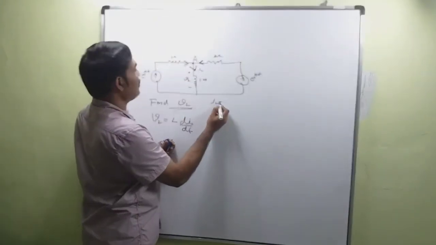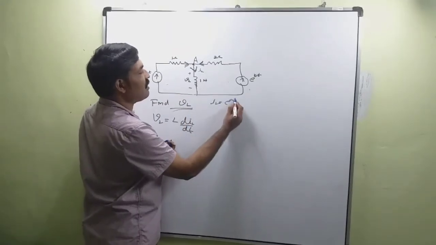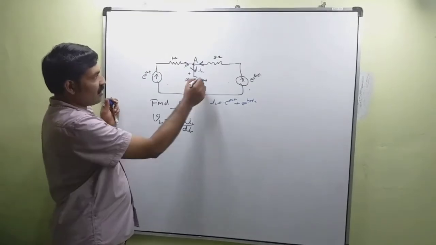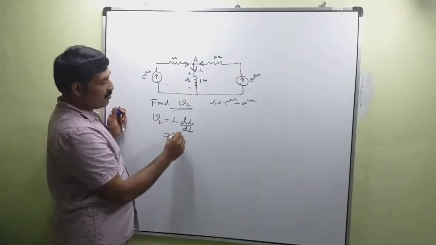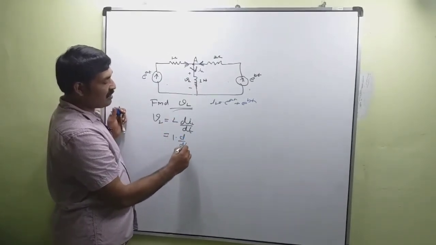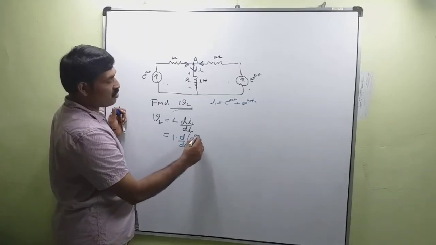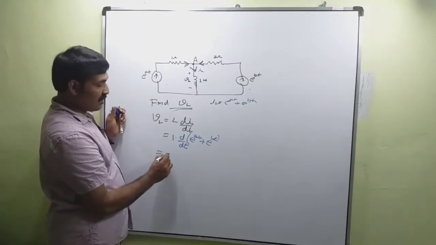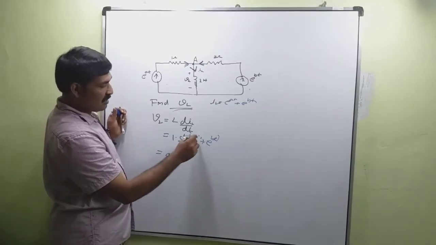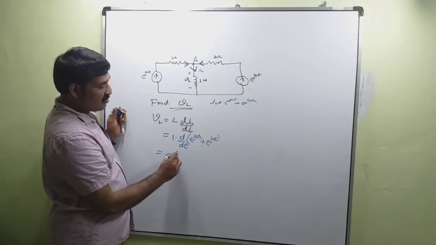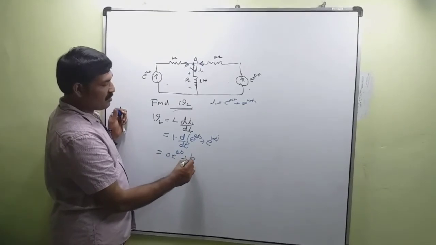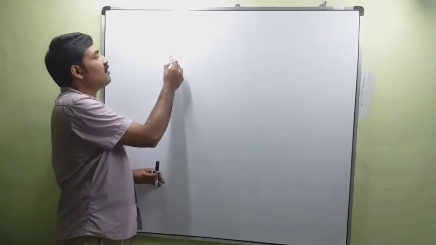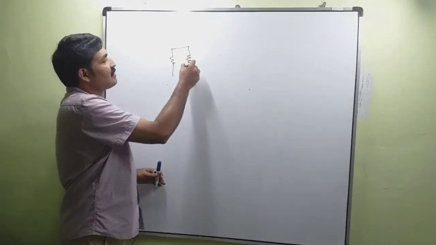So IL is equal to e raised to at plus e raised to bt. So VL is equal to L, which is 1 Henry, into d by dt of e raised to at plus e raised to bt. That is equal to A e raised to at plus B e raised to bt. This is the answer.